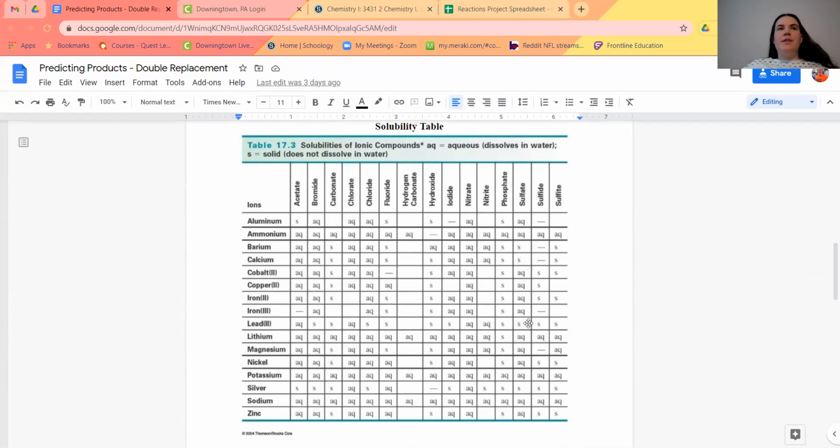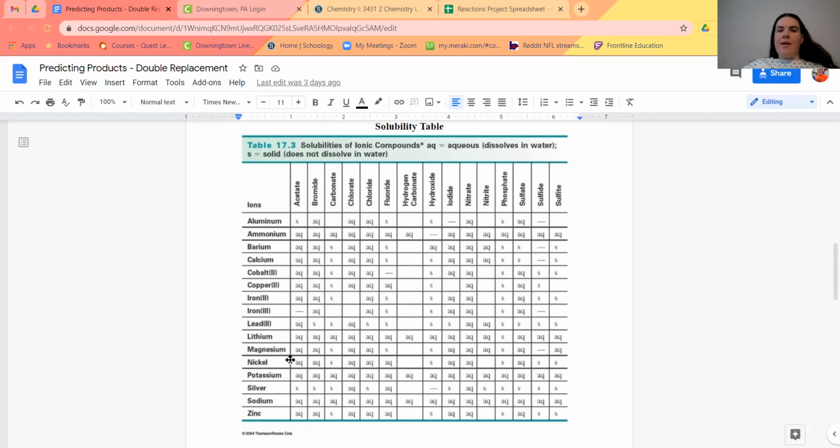So our first reaction, our 2 reactants, the stuff on the left side, were lead-2, which is right here, and that was paired up with nitrate, which is right here, and then we see an AQ in that box. So that means it's soluble, it dissolves in water. That's why there was an AQ for that box.